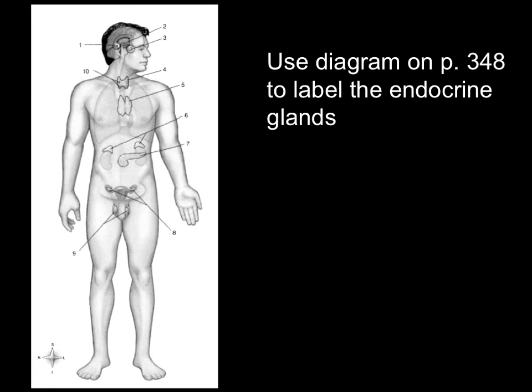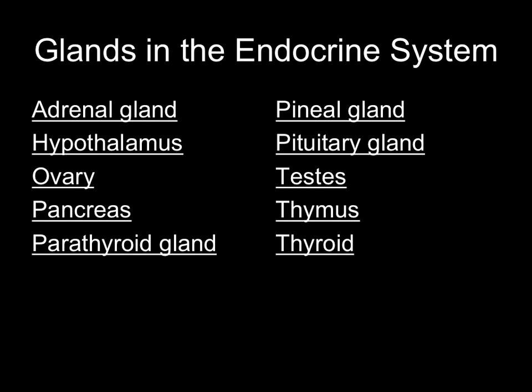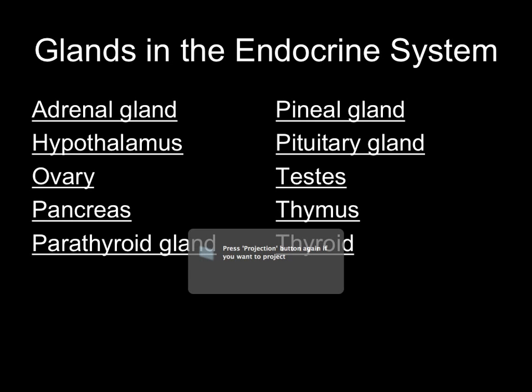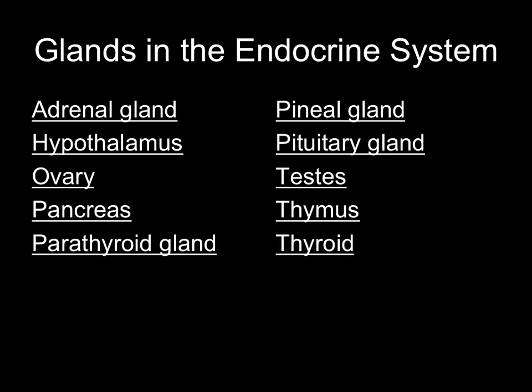Normally I would have you use page 348 to label the endocrine glands on there. So just to help you with a little bit of review, I'm going to go back to this list, and what I'm actually going to do is show you which glands go with which numbers. So let me get my writing stylus set up here.